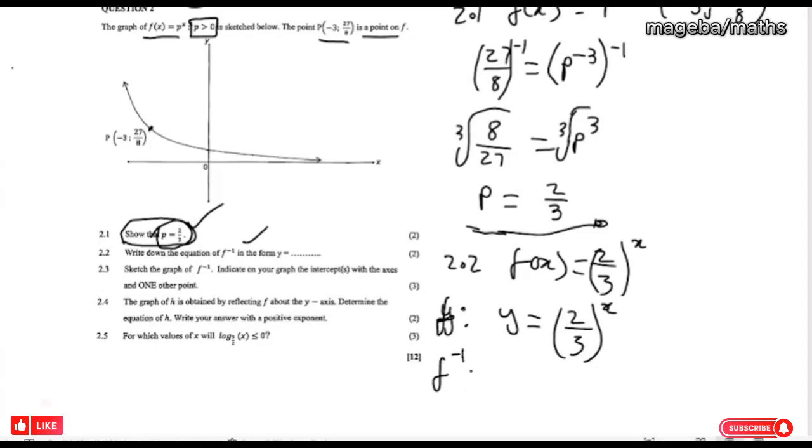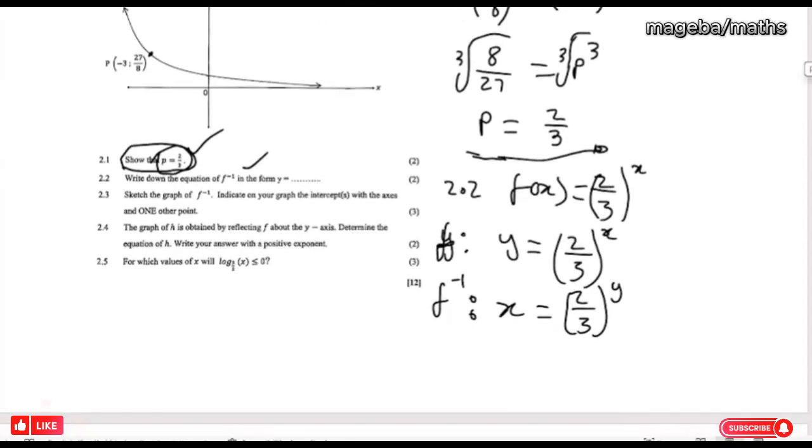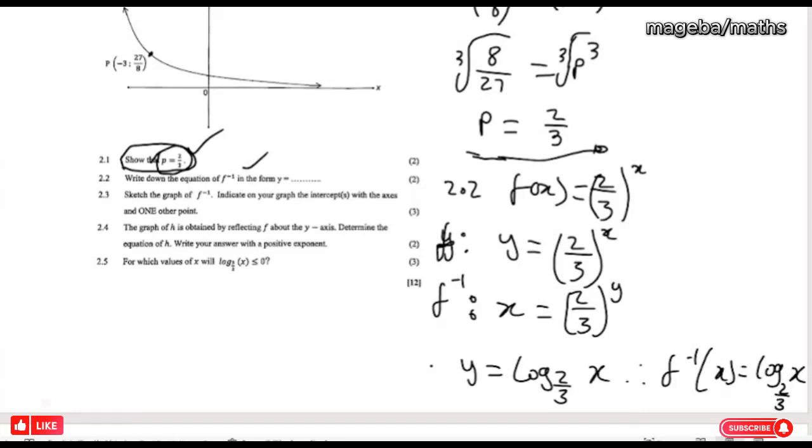Now for the inverse, interchange x and y, and then I need to make y the subject. So y is going to be log base 2 over 3 of x. Therefore my inverse is just log base 2 over 3 of x. So this is the inverse function of this question.